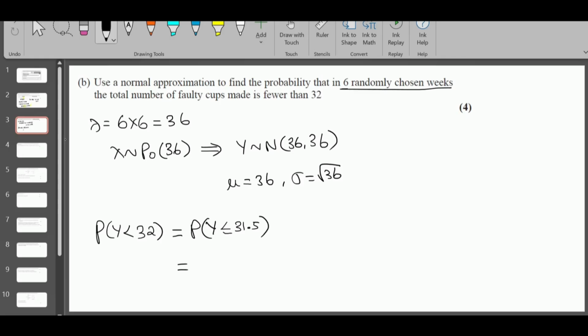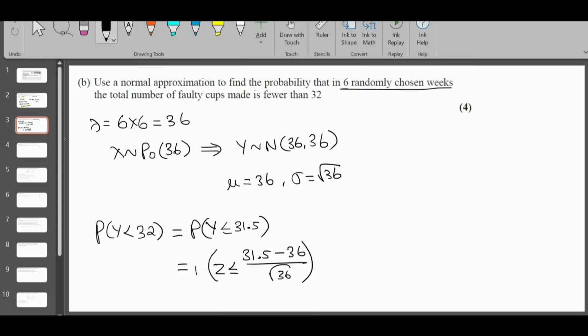You should know how to apply the continuity correction before applying the normal approximation. If you don't know, just go watch my video and learn that properly. Now standardize the normal distribution. Z is less than or equal to x minus mu over sigma.